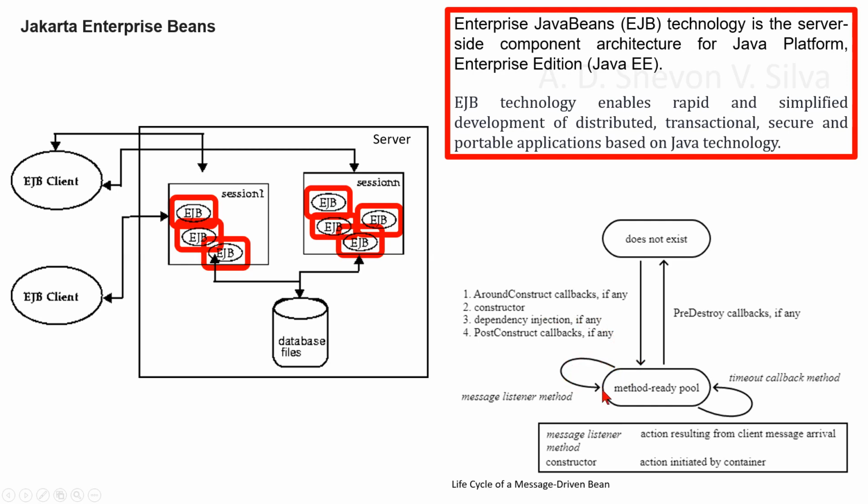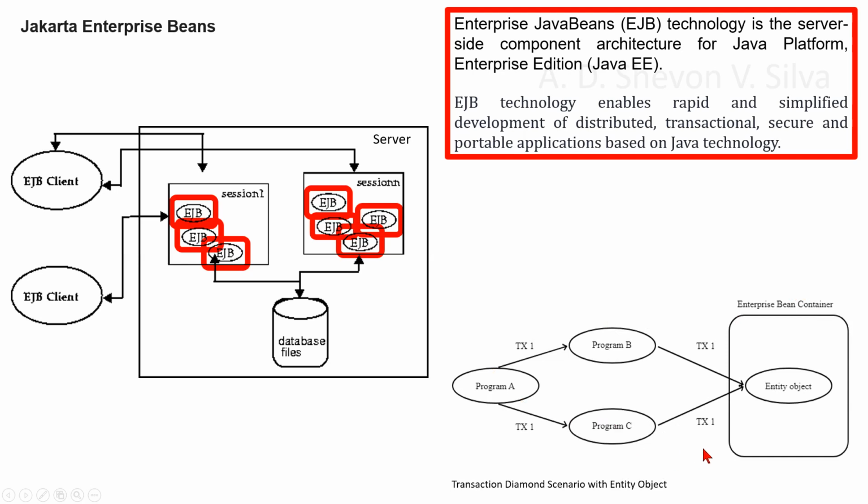The method-ready pool is connected to itself via the message listener method, an action resulting from client message arrival. It is also connected to itself via the timeout callback method, an action initiated by the container. The method-ready pool is connected to does-not-exist via pre-destroy callbacks, if any.